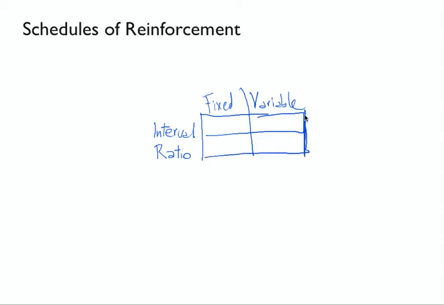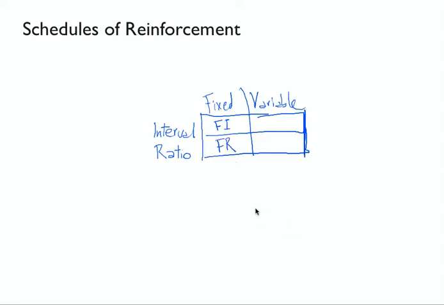In the example that I described, they were both fixed schedules because reinforcement was contingent upon the first response after the completion of a fixed interval. The example was 1 minute, or a fixed ratio, 5 responses in the example that I used. We're going to represent this by the initials FI and FR.